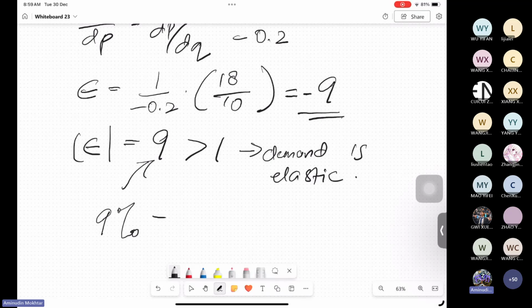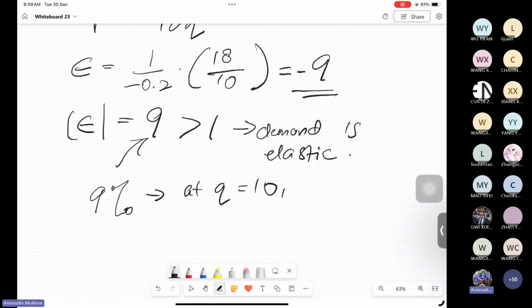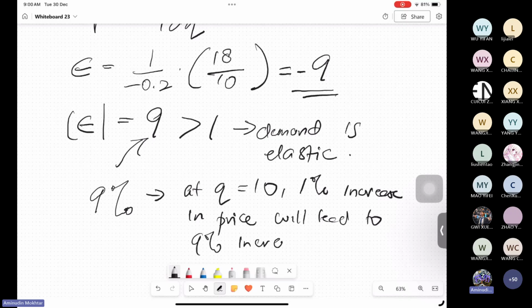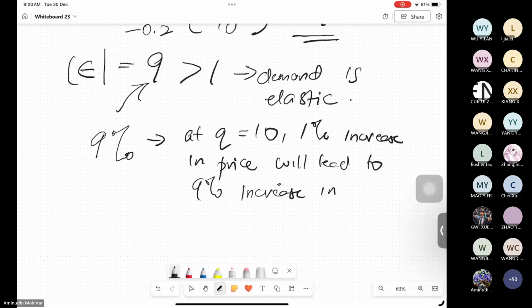We can say that at quantity equal 10, at this point, a 1% increase in price P will lead to a 9% increase in quantity demanded.